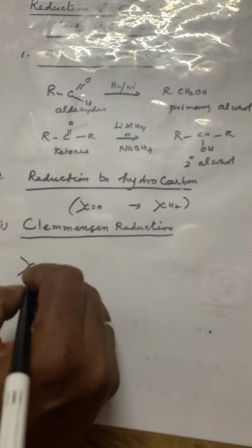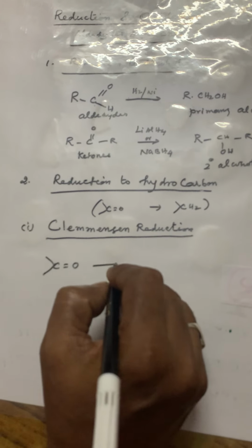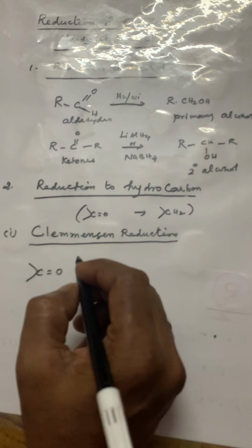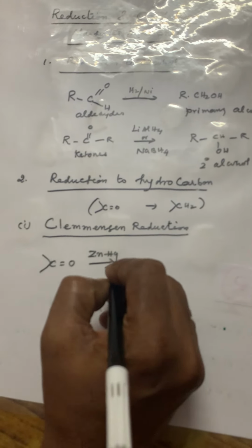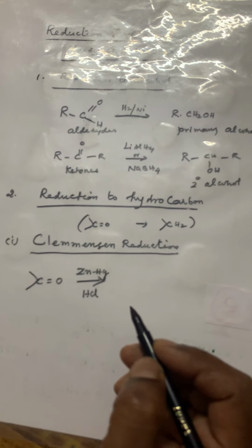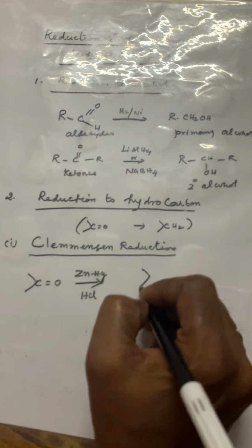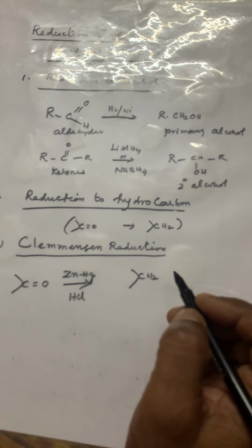Aldehyde or ketone undergo reduction in presence of zinc amalgam and hydrochloric acid, and the corresponding hydrocarbon will be obtained.